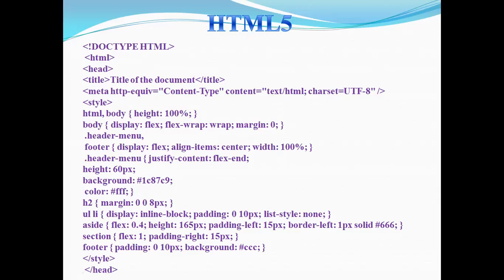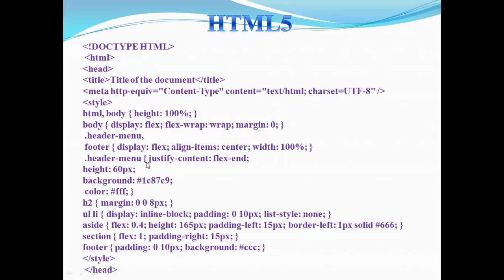And in a similar way, the header menu. Whether it is the header menu or footer menu, I want to use the same information regarding the display. Display is flex, and align-items is center. Whatever items you have, specify them as center, and width is 100%.